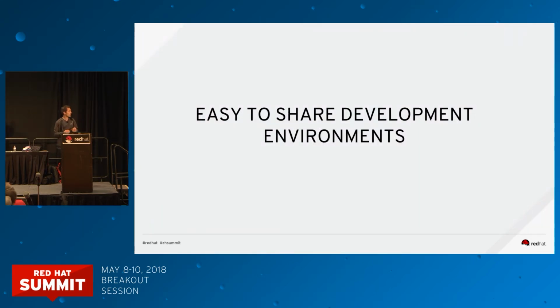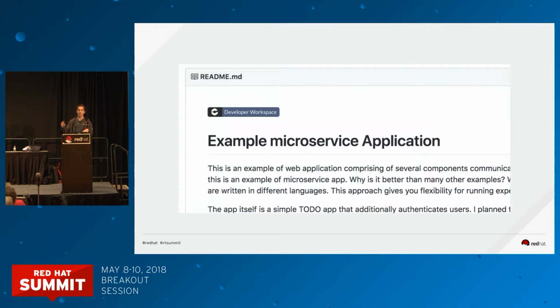The third feature is, since everything runs in the cloud, the user won't need to set up anything to set up his workspace. If I want to share my workspace, so all my development and runtime environment, with a colleague, I can just provide him a link.